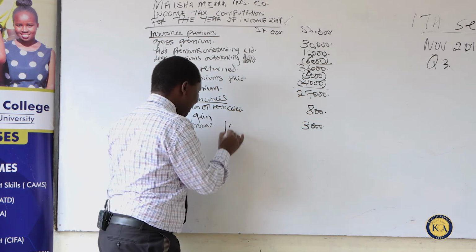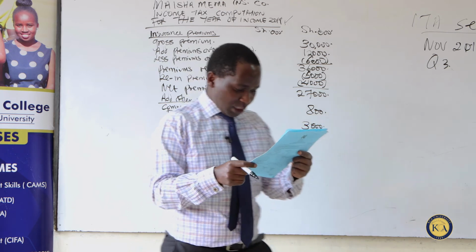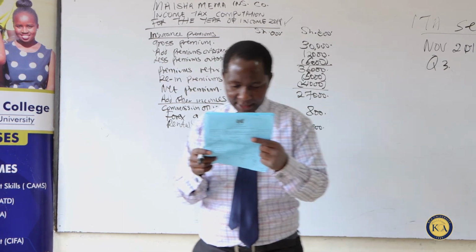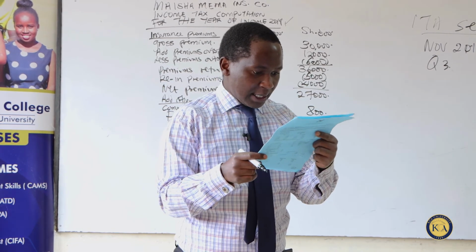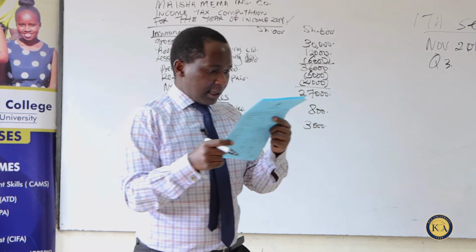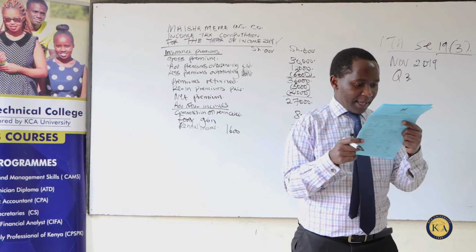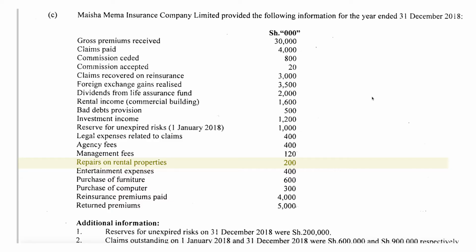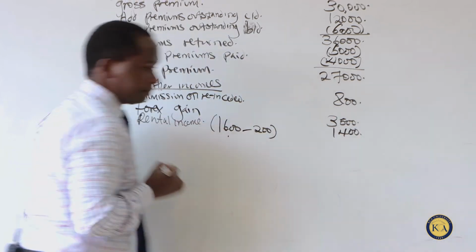So it is 1,600, but I'd like you to note in the list of what is in the trial balance, we have an expense, rental income, we have the gross amount, and then there's repairs to the rental properties of 200. So that expense is deductible. What you are going to do is bring the net amount 1,400 over here.